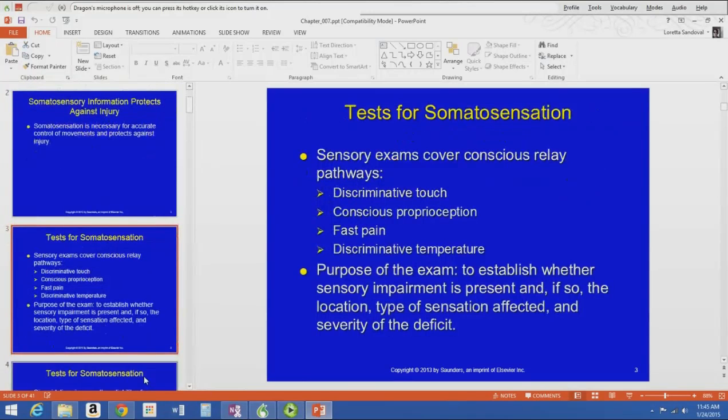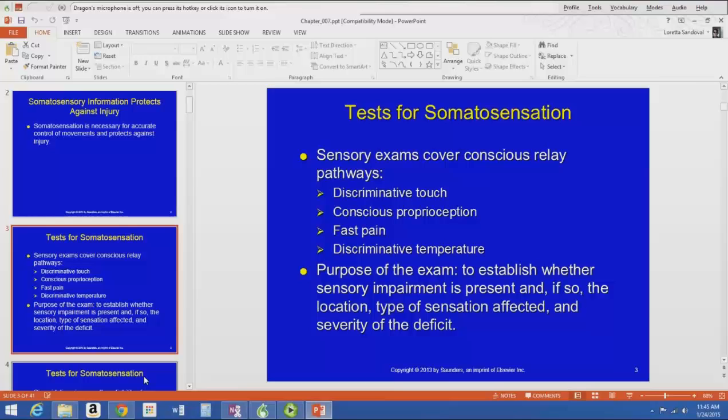So just kind of a little review on what we did last summer in tests and measures. When we're doing the sensory exams, they are going in the conscious relay pathways. So now we're just going to link some of that information that we learned last summer into what we're learning now. So the sensory exams, the conscious relay pathways, they're testing discriminative touch, conscious proprioception, fast pain, when you do the sharp point and all that, and discriminative temperature.